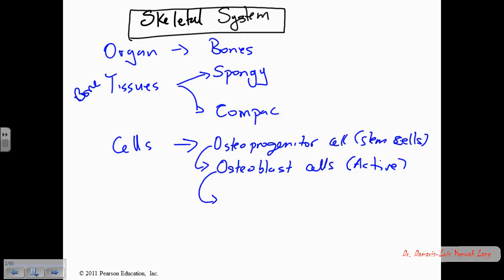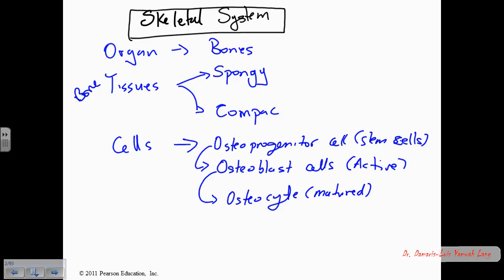And then they mature to form what we call the osteocyte, which are the matured state, the matured cells.